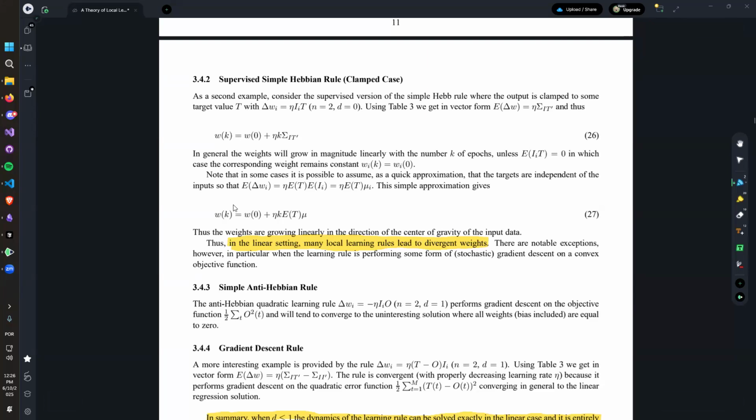So since the term that you put was something like wij oi oj, then depending on what the oi or oj are, this may or may not be stable, and so I see easily how it will be unstable. But they call it simple hidden rule specifically when you don't have these other terms.